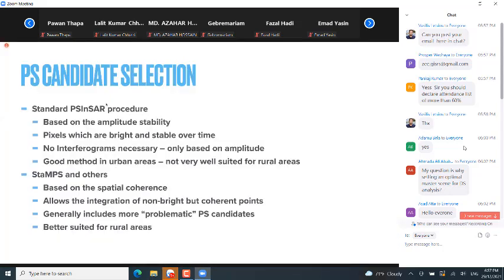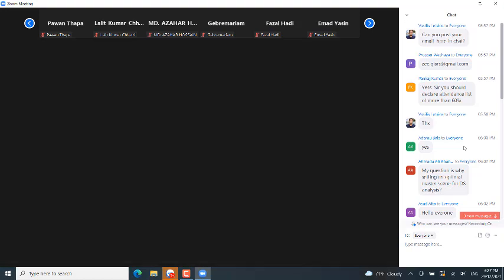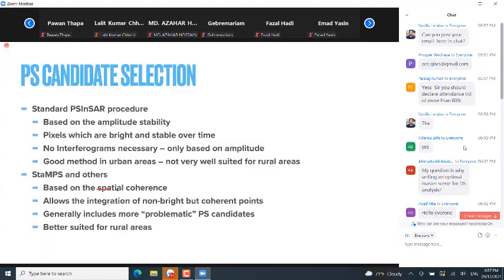For example, in StaMPS, it's another method I will talk about more. We're looking more at the coherence. It's not actually totally correct, not totally wrong, but actually we're looking at the phase stability. I should write that here, it's the more correct term. Sorry, there should be phase.